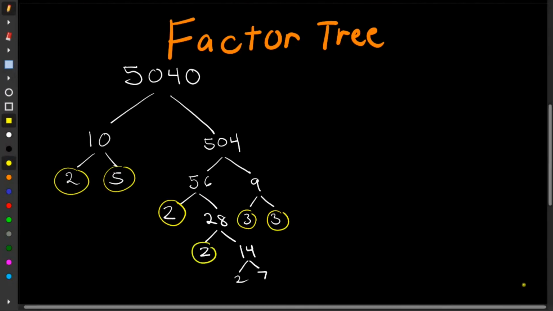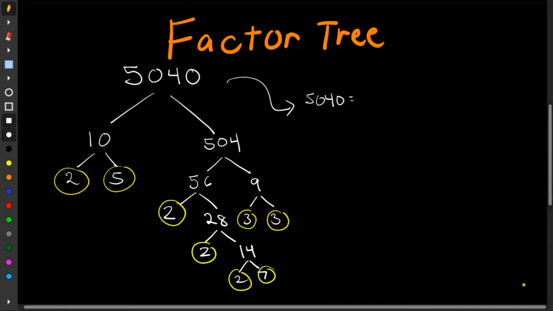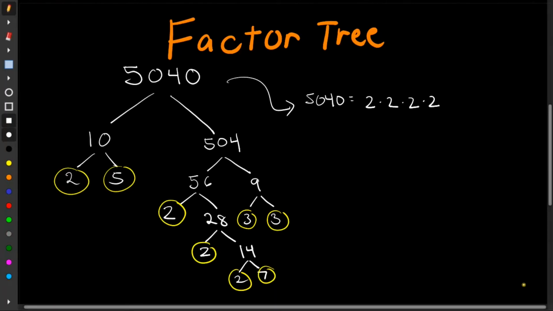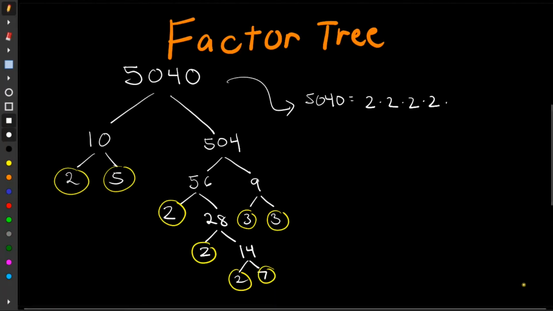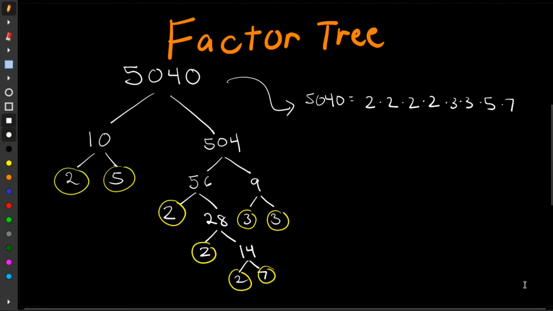So these are primes. So we can now write 5040 as 2 times 2 times 2 times 2, since we have four 2's. Then we have two 3's, so times 3 times 3. Then times 5, and times 7.